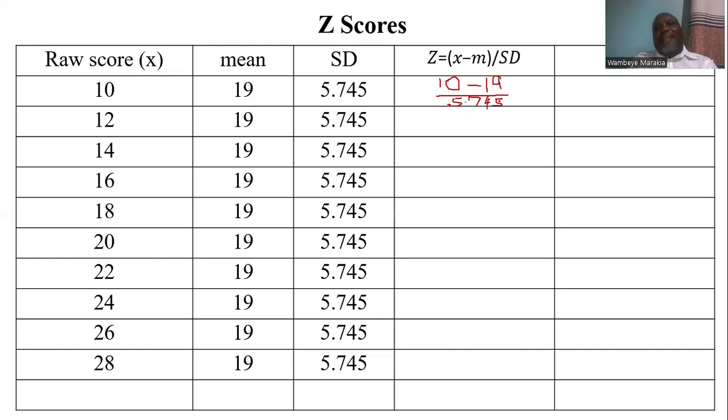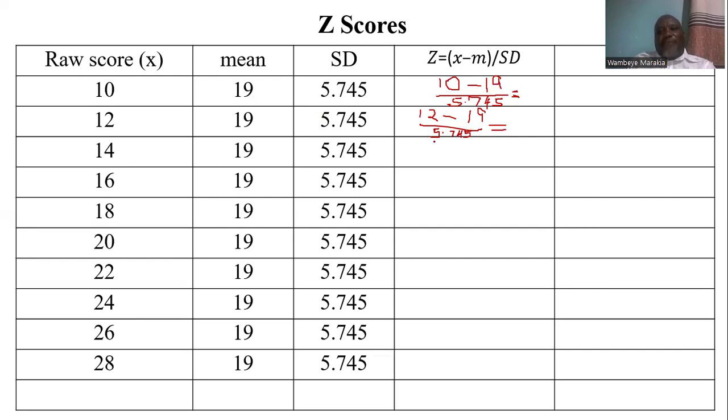You should be having your calculator so that you fill in these values, so that you'll be able to move together. Then we calculate the Z score here. It's going to be 12 minus 19 all over the standard deviation, 5.745. We get the value from your calculator.